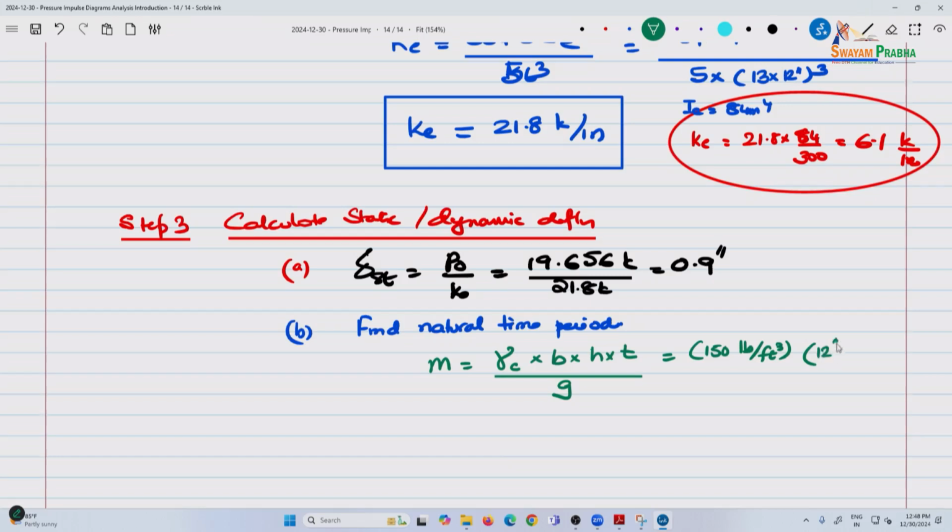B was 12 inches, height is 13 feet, thickness was 8 inches, and all of these are divided by 12 for consistency. That's 13 feet. So 12 inches, 8 inches converted to feet, and G is 386. So comes to 3.367.